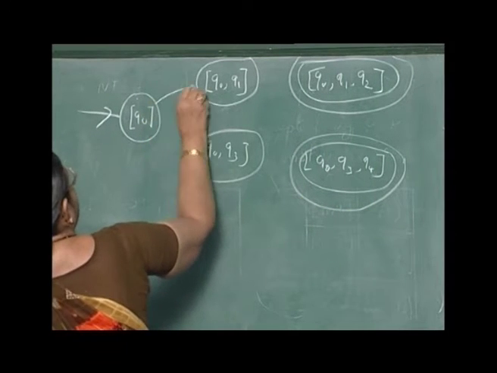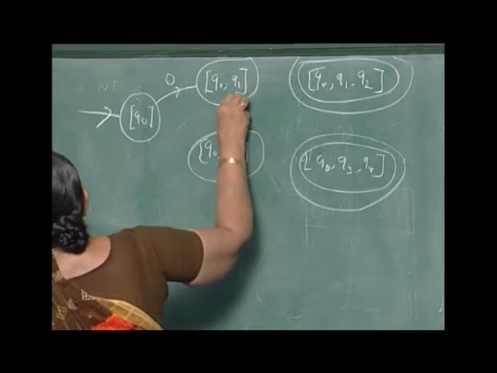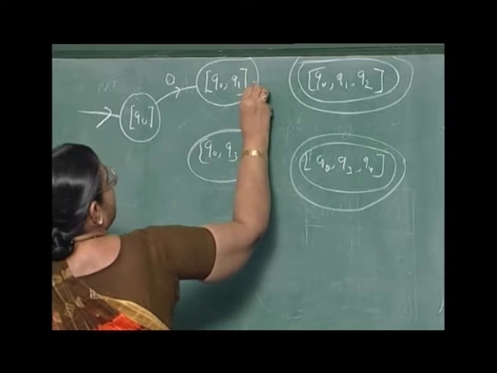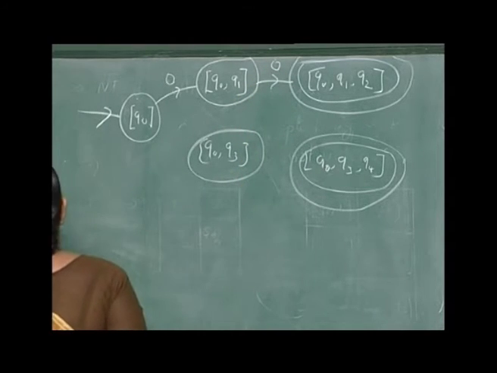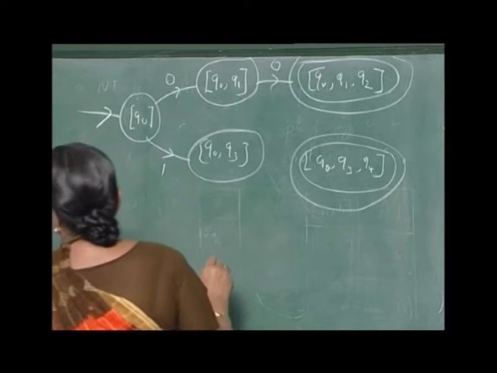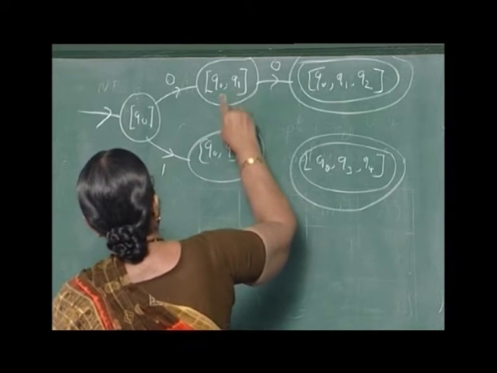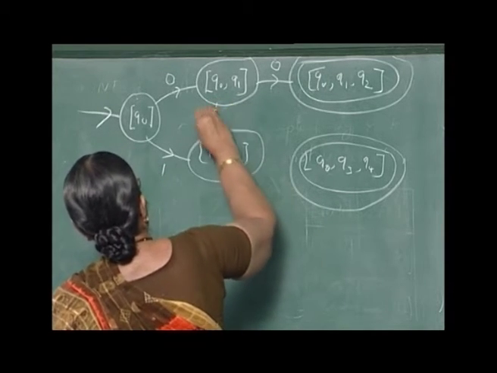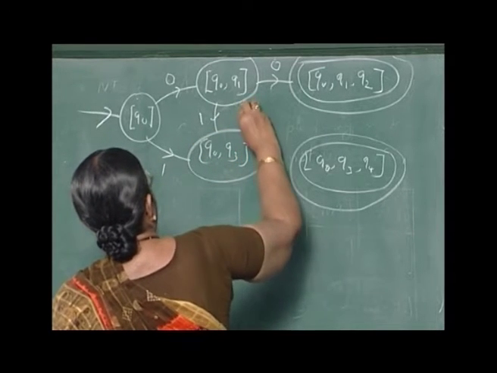Q naught on 0 is this and Q naught Q1 on 0 is this. Q naught on 1 is this. From here Q naught Q1, if you get a 1, you go here. From here if you get a 0, you go here.